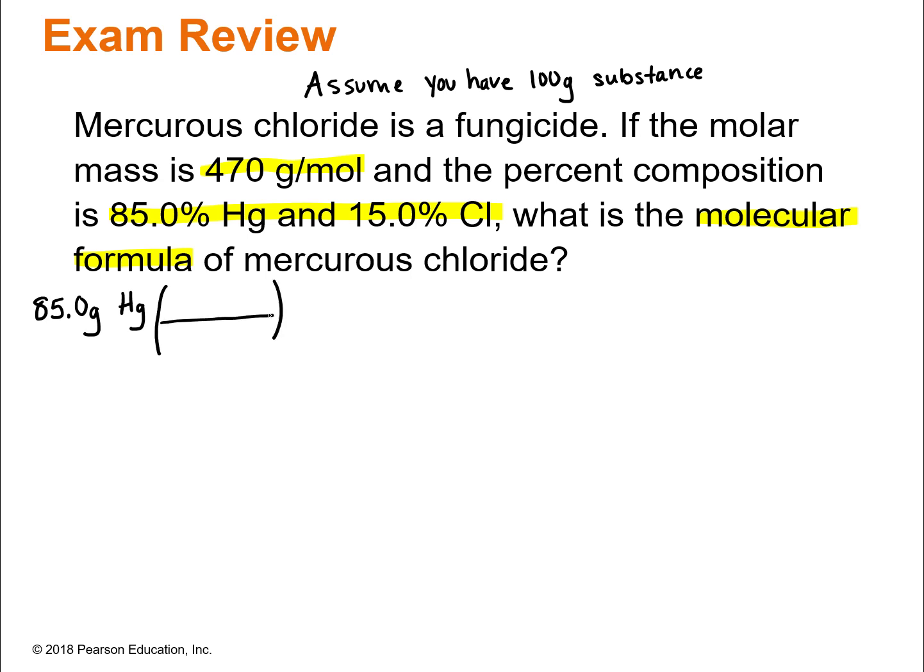The first step is to take the grams and convert to number of moles for each element. That's it for mercury. Then we take the 15 grams of chlorine and do the same thing.